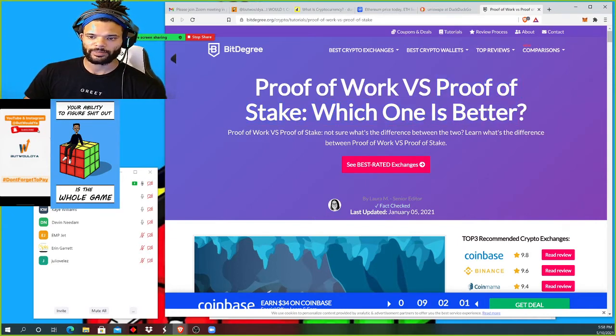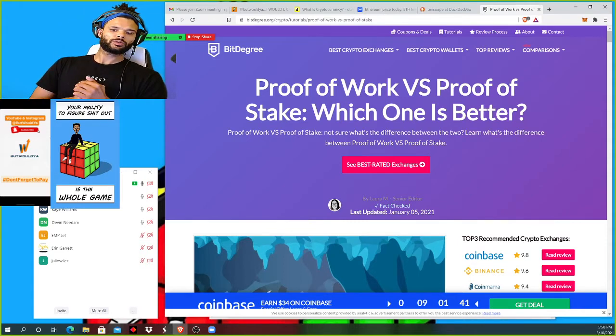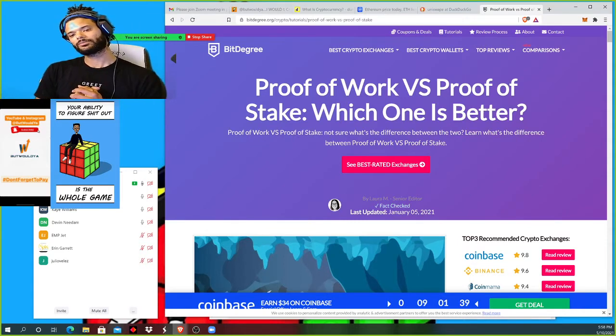And proof of stake is better for the environment. It uses way less energy, and it also uses the community, so you cannot attack it. A proof of work system you can attack with what they call a 51% attack. So think about this, how can I explain this?